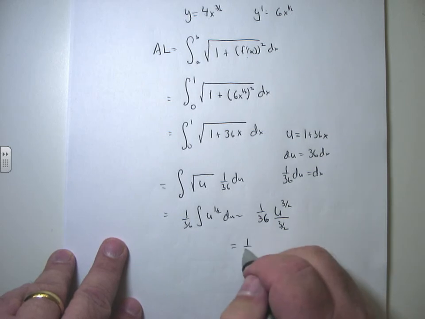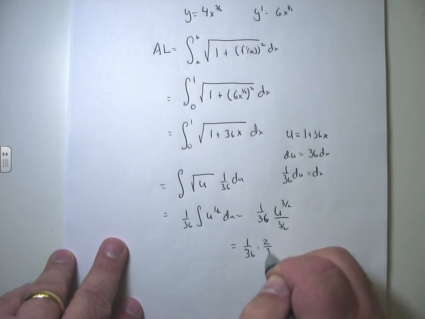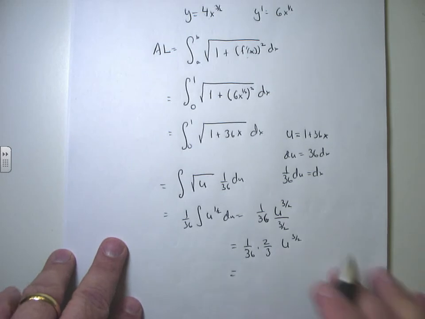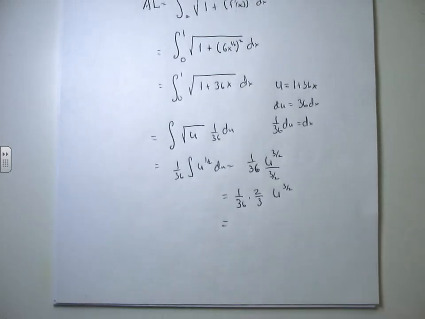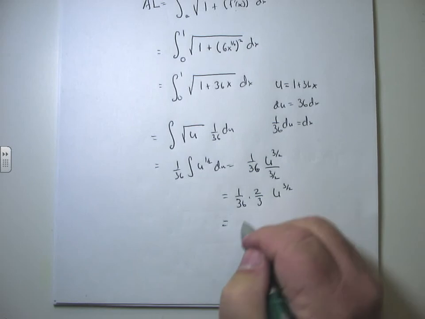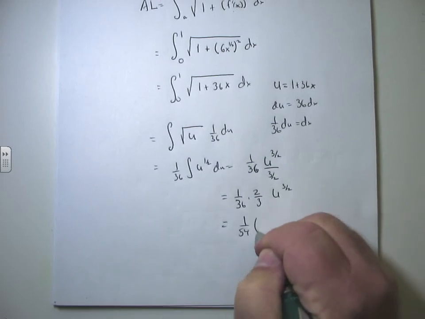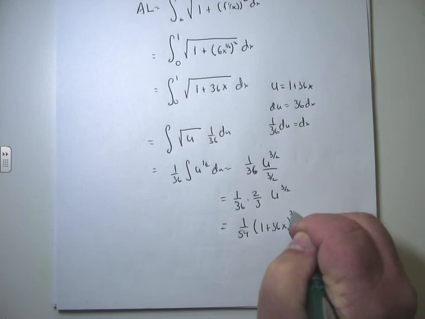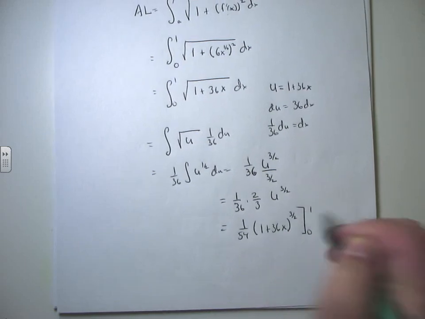So this is 1 over 36 times 2/3 u to the 3/2. Nice. Clean this up. 2 goes into 36 18 times, and 18 times 3 is 54. So I get 1 over 54 u, which is 1 plus 36x, to the 3/2. But I got bounds evaluated from 0 to 1.